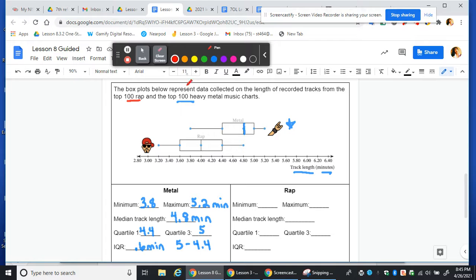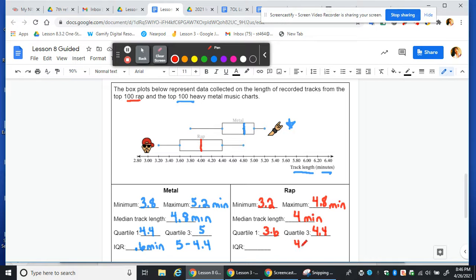Let's go ahead now and look at our rap music. First things first, identify key components. The minimum length of a track there is 3.2 minutes, and the maximum is 4.8 minutes. The median track length for rap is a 4-minute song. Quartile 1 is 3.6 minutes, and quartile 3 is 4.4 minutes.